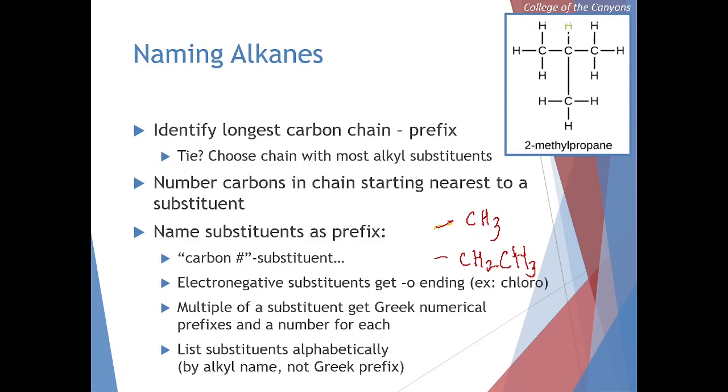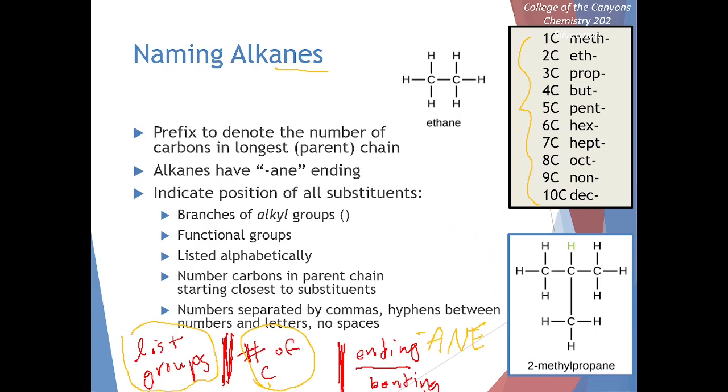We can name these branches again using our prefixes from the previous slide. So scrolling back here, we have meth, eth, prop, right? This table up at the top right. If we have a branch instead of the main chain, just add YL to the end of this name. So a CH3 group attached to our carbon chain would be methyl, meth-yl.